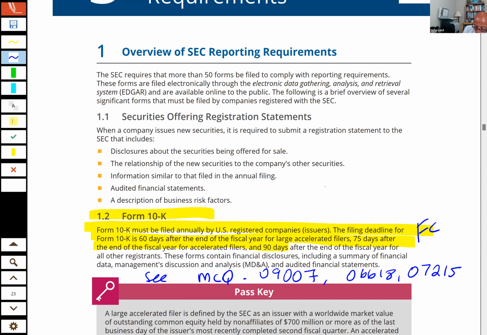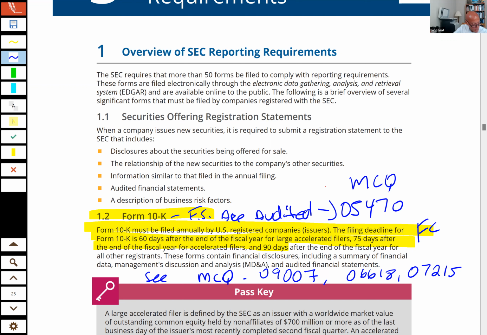Also, the 10-K financial statements are audited. I don't know if they say that anywhere in that discussion, but the financial statements are audited, and that point is tested in question 05470. That's a multiple choice question.